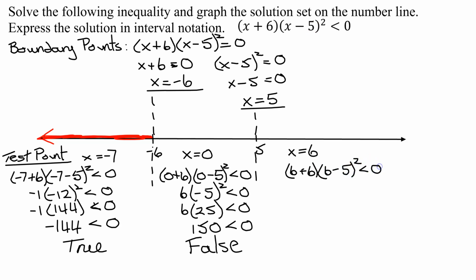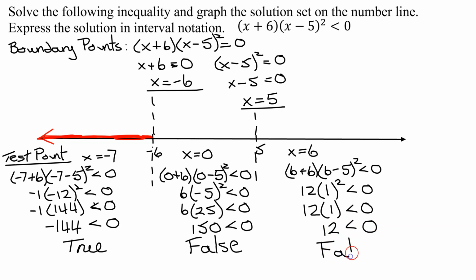Is it less than 0? 6 plus 6 is 12. Times 6 minus 5 is 1. So I'm going to have 1 squared. So 12 times 1 squared is 12 times 1, which is 12. Is that less than 0? That is also false. So I do not want that region.